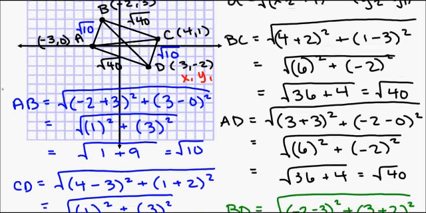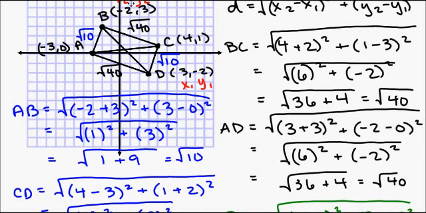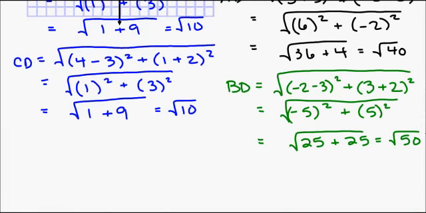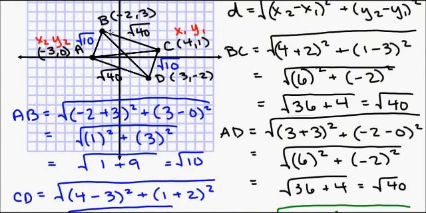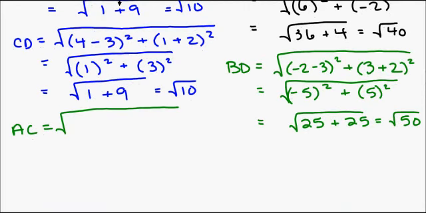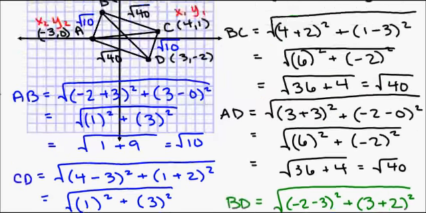Okay, what's the last thing we have to find? We found BD, let's find AC. Okay, so AC, hoping that it's square root 50, so we didn't do all this work for nothing. But it should be since our last part 1 worked out. So, where are we? X2 is negative 3 and X1 is 4. So I have negative 3 minus 4 squared plus, what about my y's?